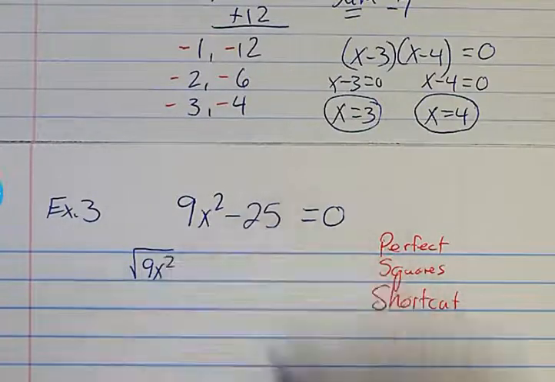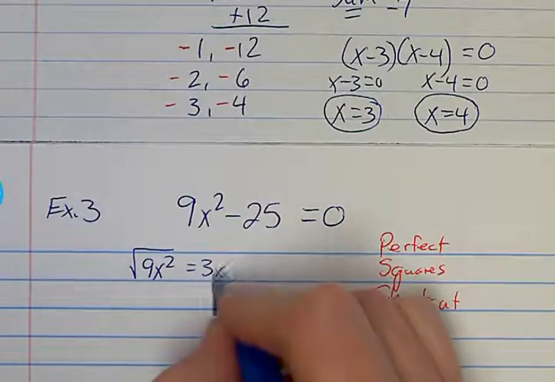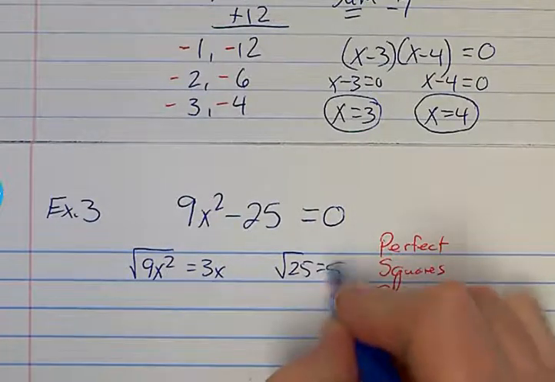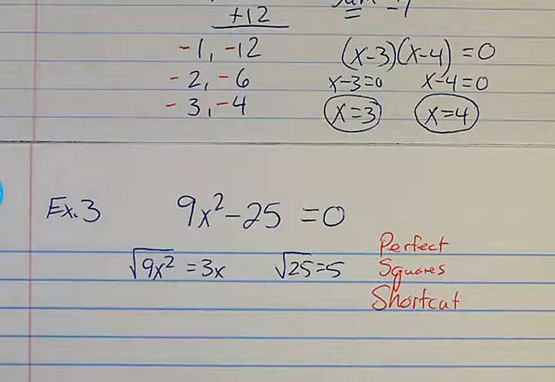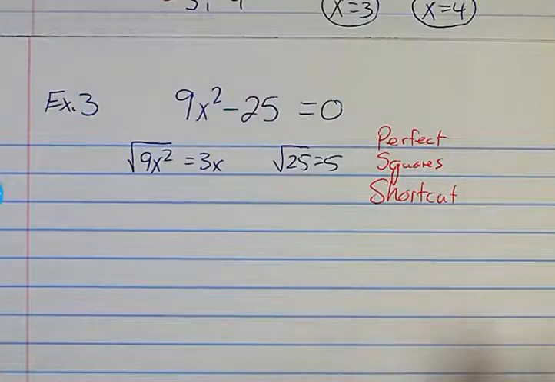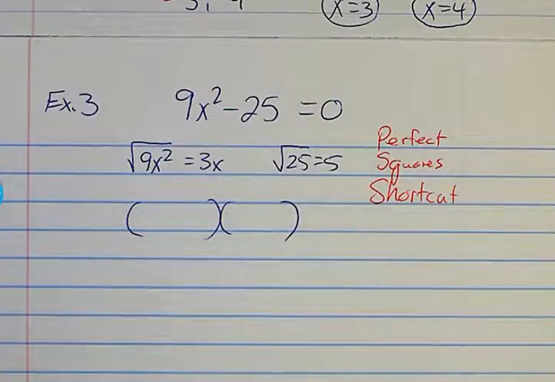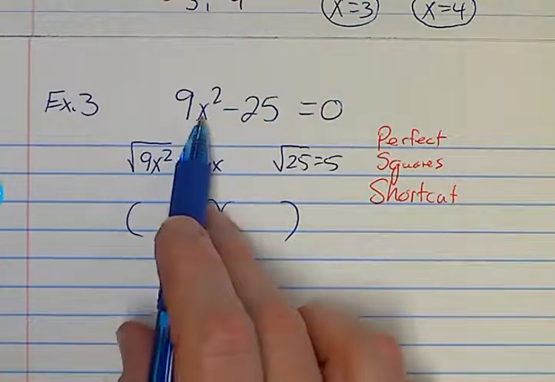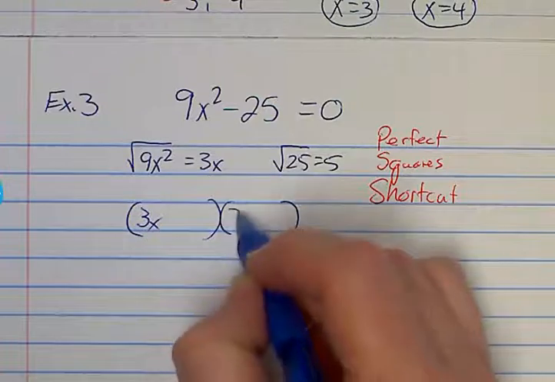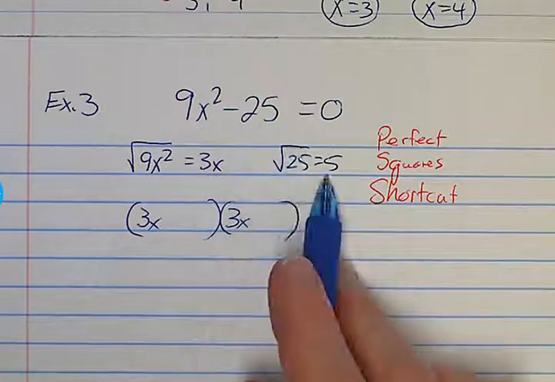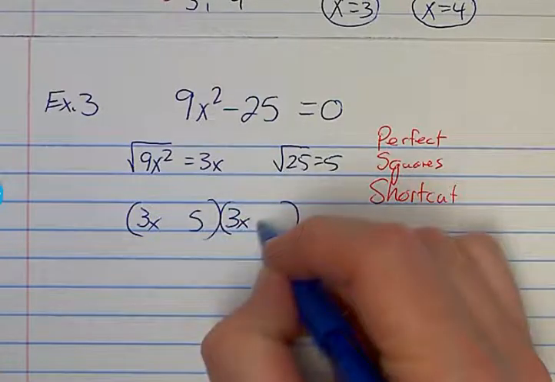If you square root 9x squared, that would be 3x. And if you square root 25, that would be 5. Okay, so to get 9x squared, we need a 3x and a 3x. So that 3x goes first in both parentheses. The second number you've got here goes second in both parentheses.